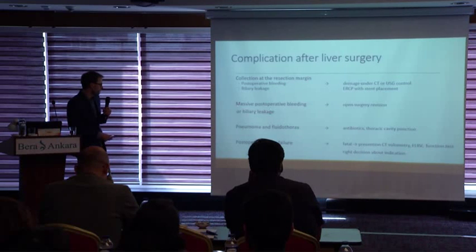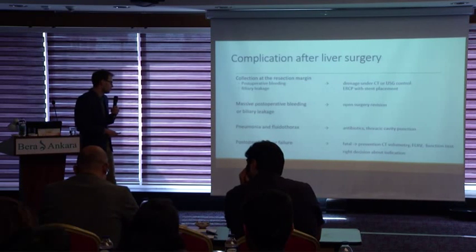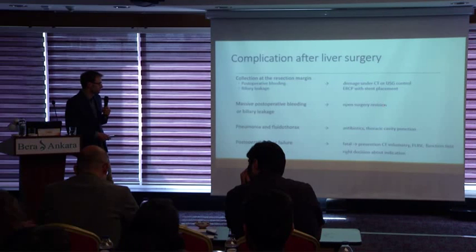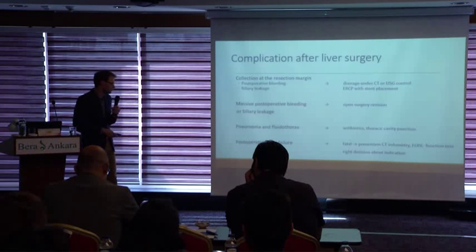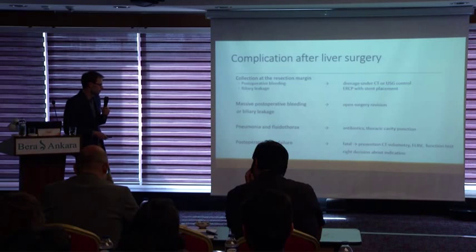The most severe complication is massive postoperative bleeding or biliary leakage, and we usually have to perform an open surgical revision. And pneumonia and fluidothorax as a reactive process after surgery in the abdominal cavity, treated with antibiotics, sometimes thoracic cavity puncture.